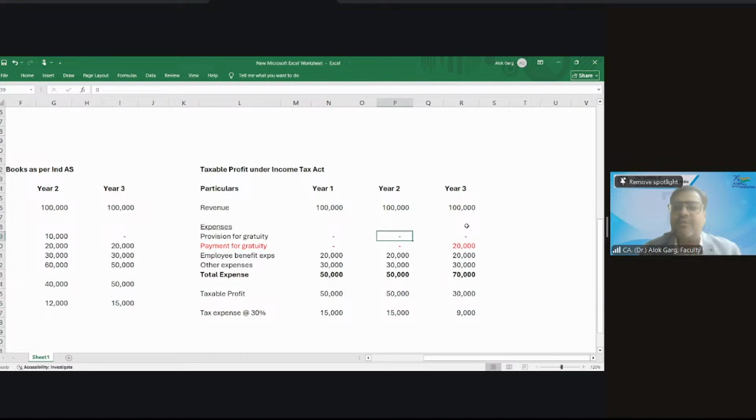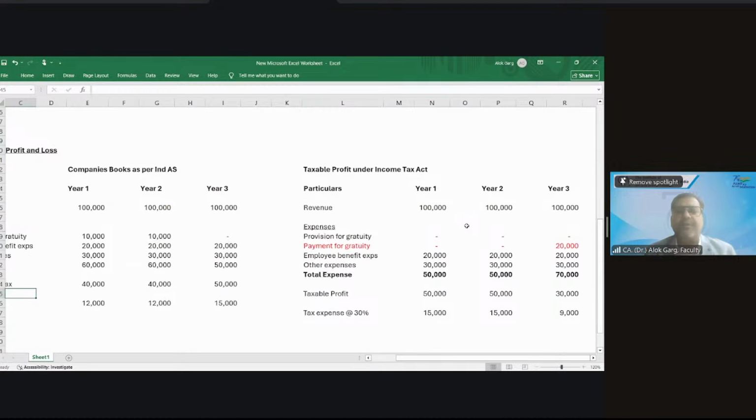So friends, if you see here, in the first year my accounting profit was 40,000. My effective tax rate is 30%, so my tax expense is 12,000. But in income tax, I'm paying 15,000. In the second year, my tax expense would have been 12,000, and in income tax I'm paying again 15,000.